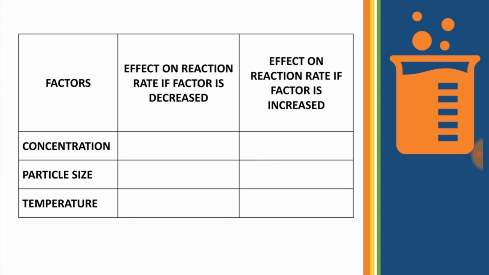Let's begin. What will be the effect on reaction rate if concentration is decreased? The reaction rate will also decrease. And what will be the effect on reaction rate if concentration is increased? It will also increase.